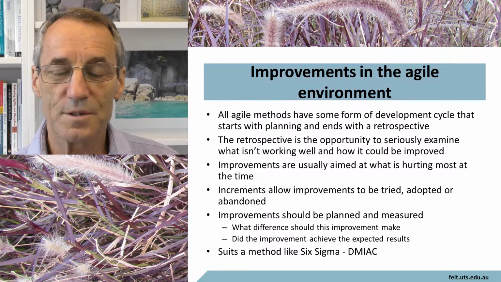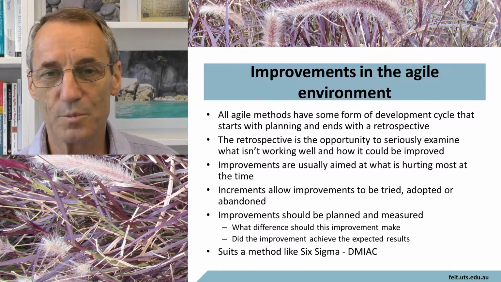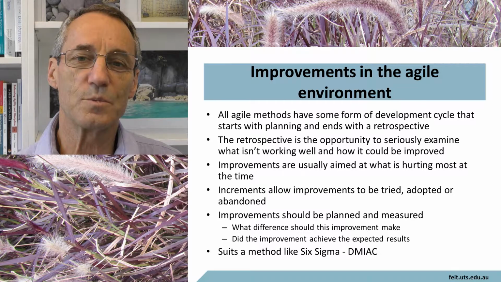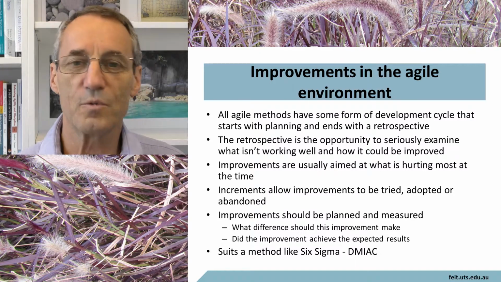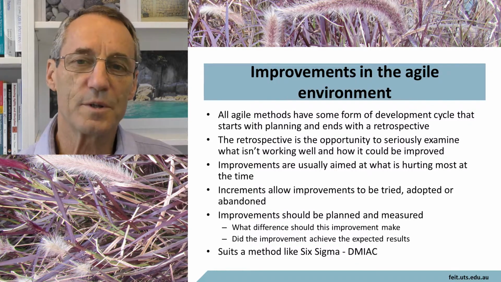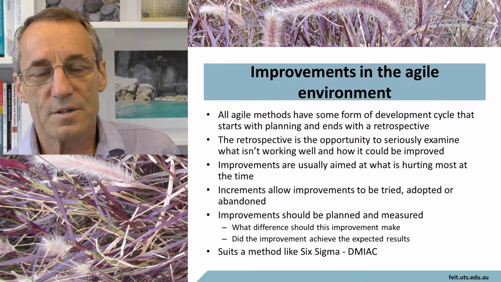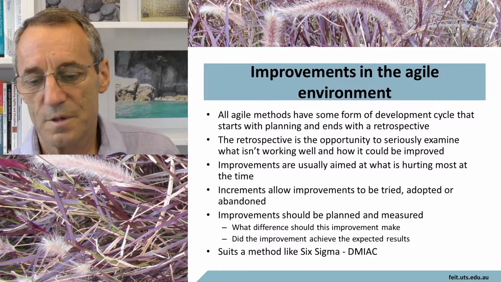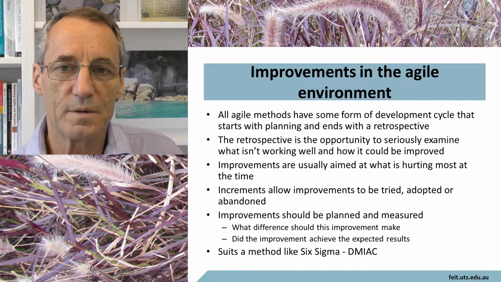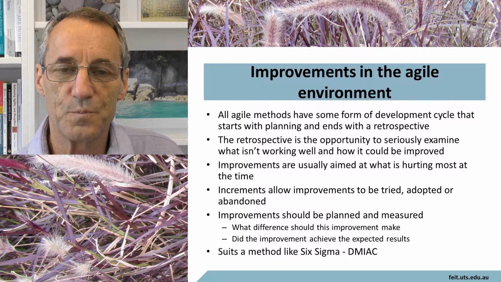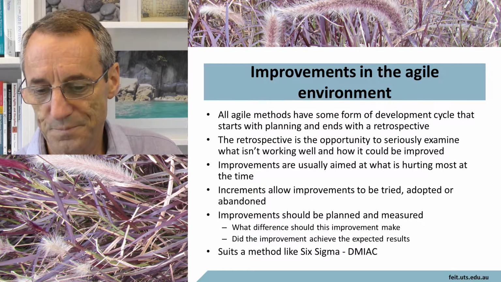Having studied some things recently, I would say not only should you predict what should happen, you also should predict what should not happen. So what would be the symptoms of success? What would be the symptoms of failure? Now, this type of improvement suits a method like Six Sigma with its DMAIC type cycle.